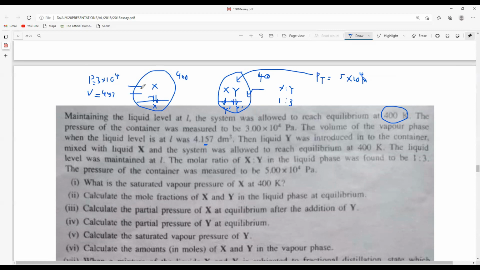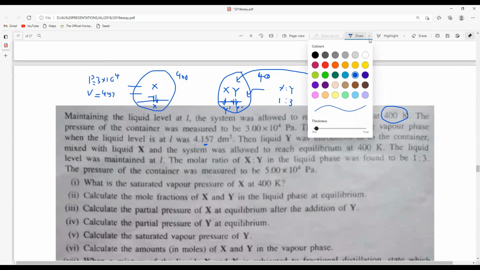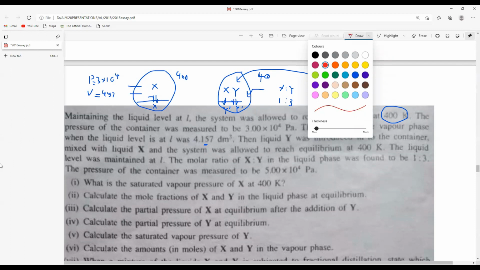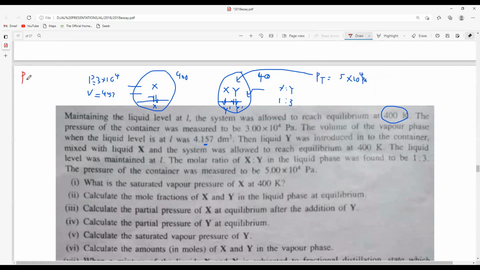So if you think about Raoult's law, Px is equal to P naught X times Xx. So Xx will be 1 because there is only X here. So automatically the saturated vapor pressure is equal to Px, which is this one, right? So this is very simple. Since there is only X, its pressure is going to be equal to the saturated vapor pressure.